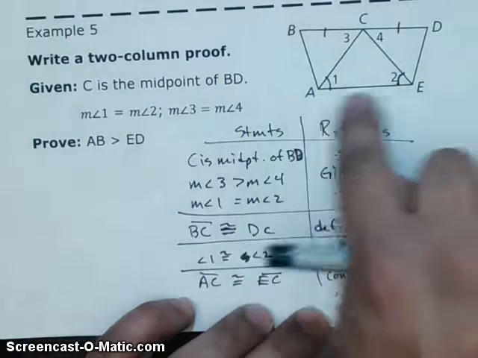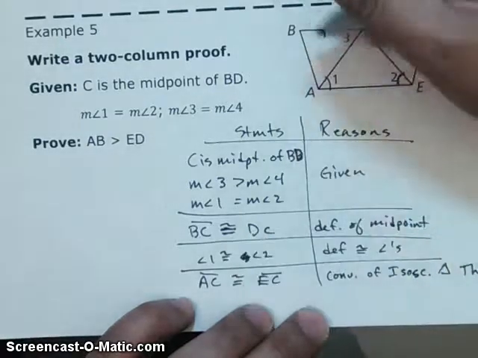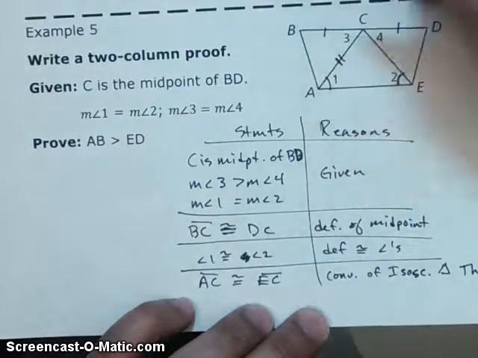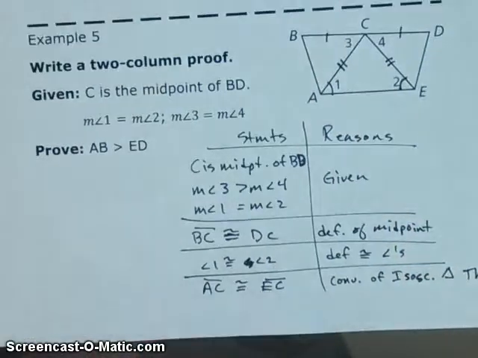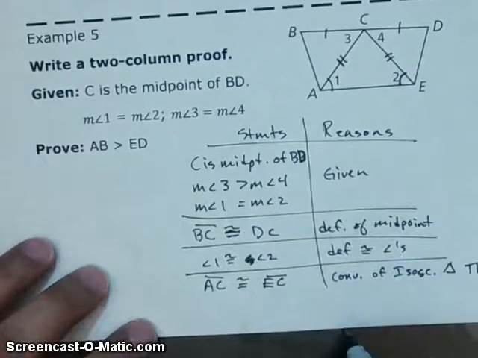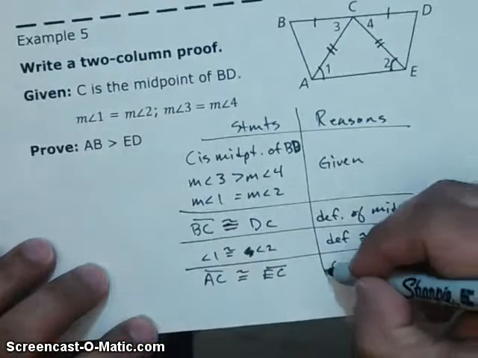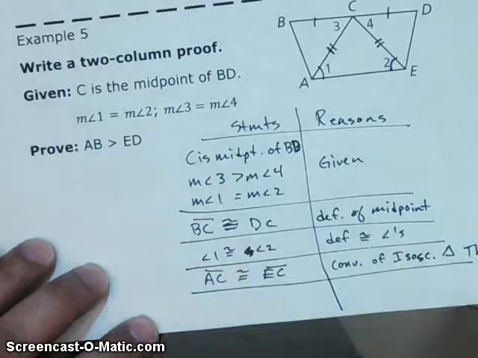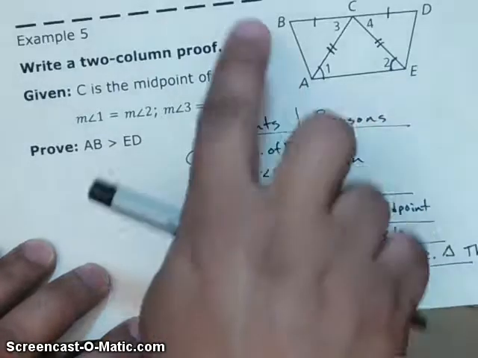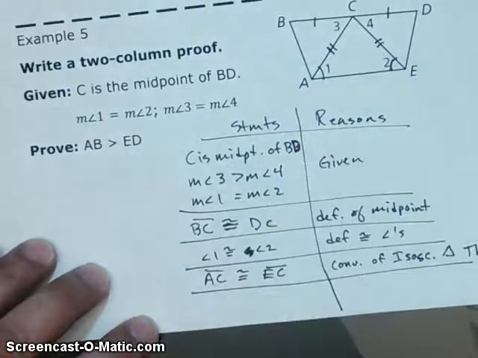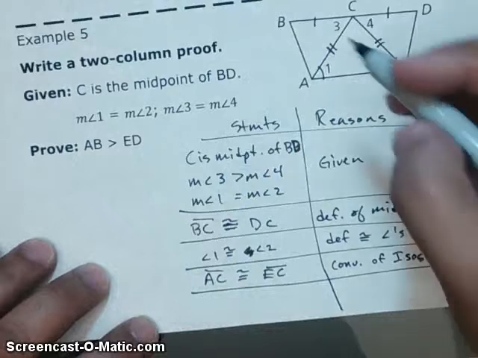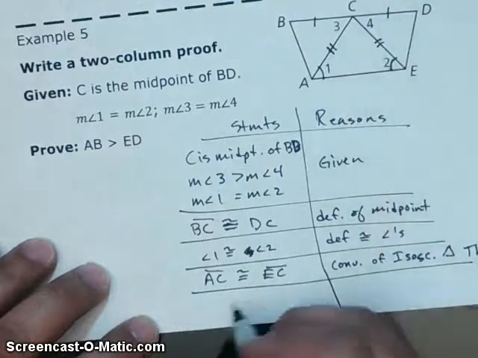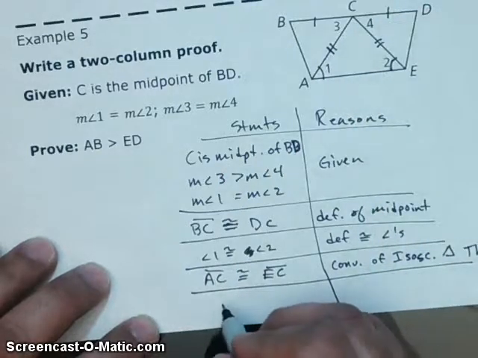So since these two, angle 1 and 2, are the same, that means that this side here has to be congruent to this side here. Alright, so then it looks like I have my two pairs and I know the angles. So then that's it, AB.